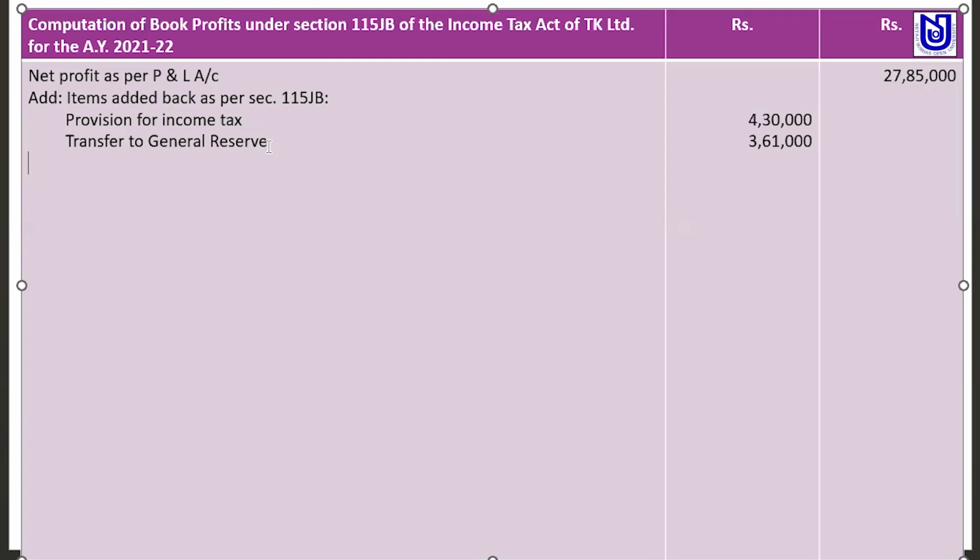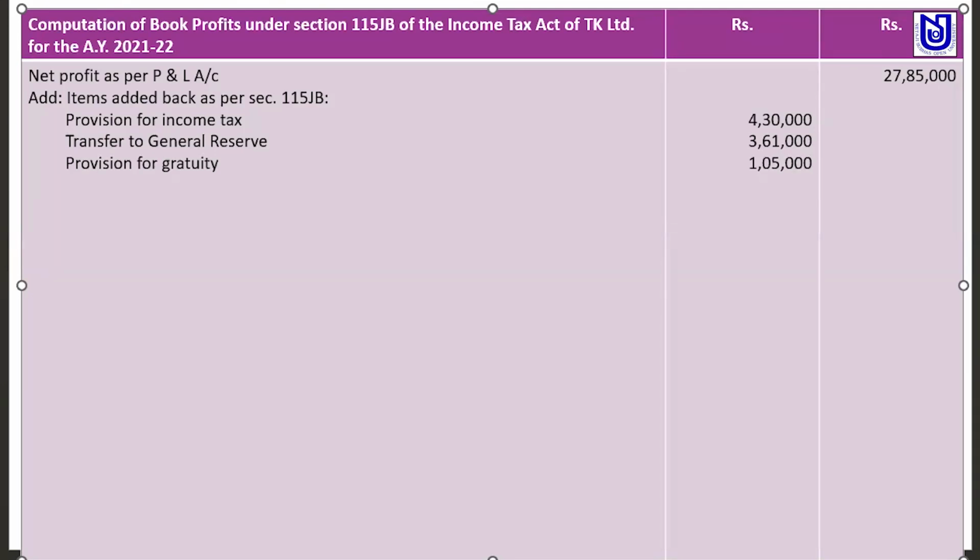So this 1,05,000 is to be added back, because it is mentioned here as point C on page number 18: amount set aside as provision for meeting liabilities other than ascertained liabilities. Those which are not ascertained have to be added back. So provision for gratuity has to be added back as debited in the P&L account to the tune of 1,05,000.